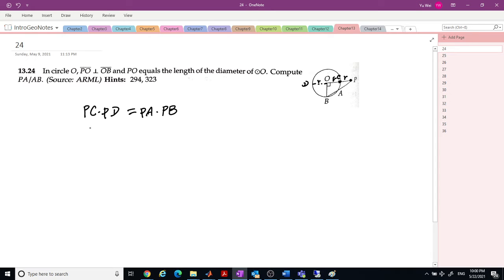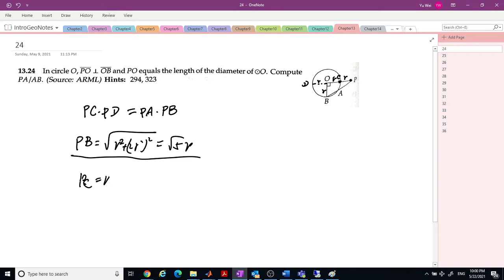Okay? Now we can calculate it. So here is the radius R. Now we have PB is equal to, by the Pythagorean theorem, the square root of R squared plus (2R) squared, which is root 5 R, right? Now we have PC is equal to R, and PD is equal to 3R.